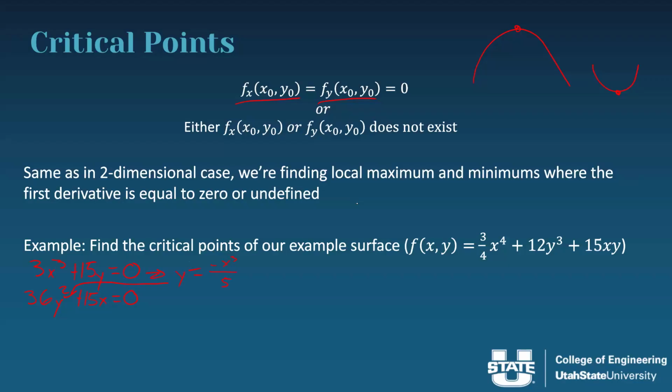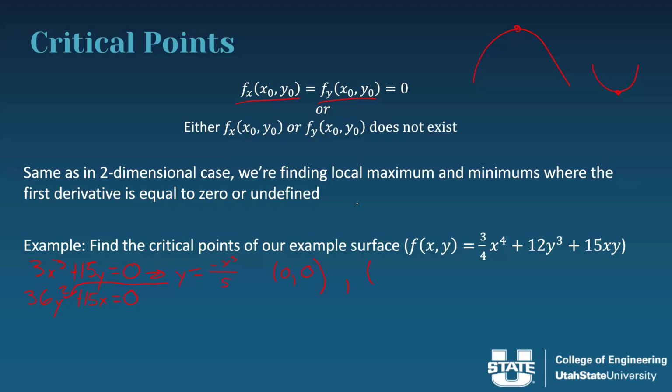Spoiler alert, because we have x's and y's to higher powers, you're going to get 2 possible answers: 0, 0, and a number that's pretty nasty. I apologize for that. I didn't realize my numbers were going to be nasty until I got to this part.